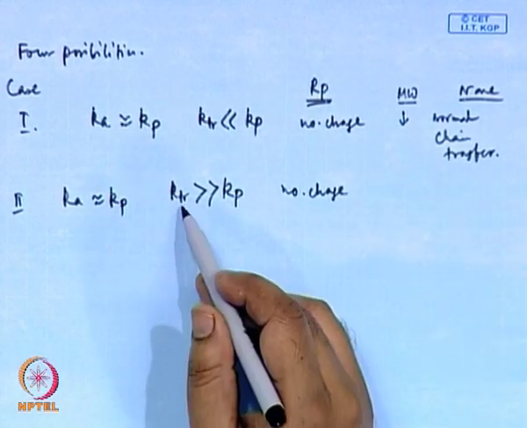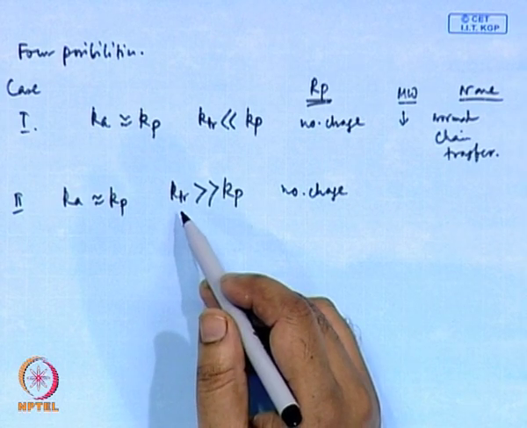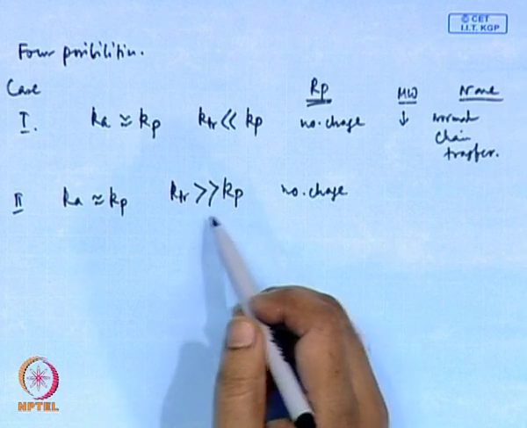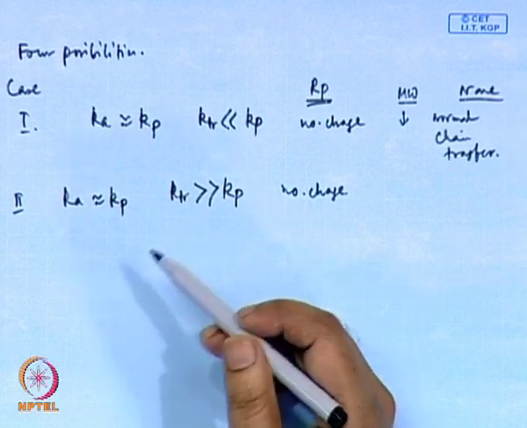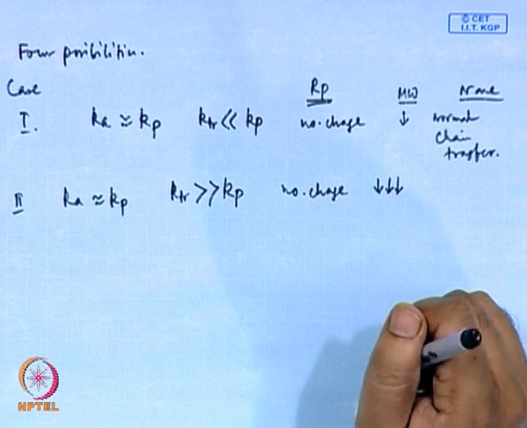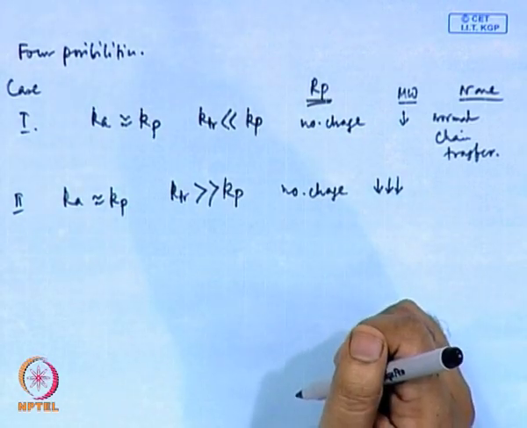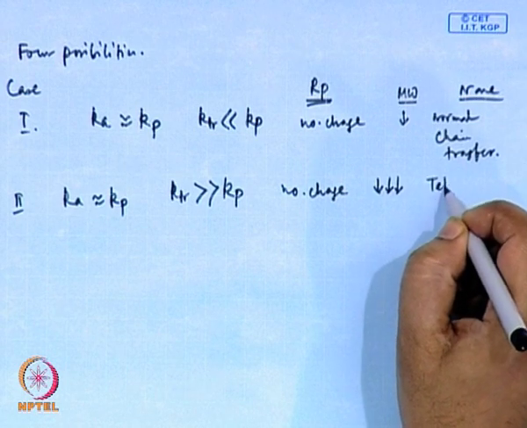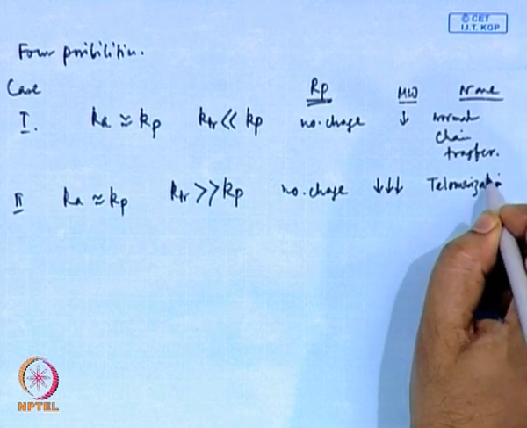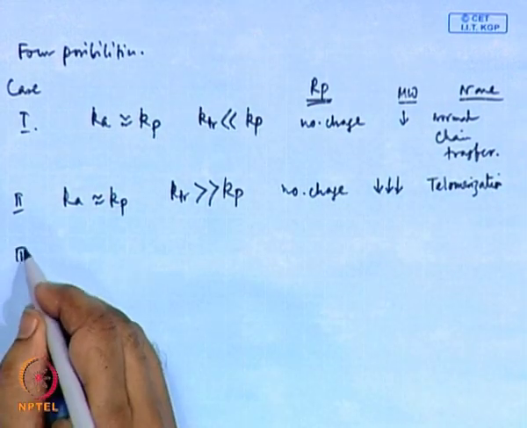Molecular weight: because the rate constant for the transfer reaction is much higher than the chain propagation reaction, the number of chains undergoing transfer reaction is many more. So, the molecular weight drops significantly, a large decrease in the molecular weight, and we call this telomerization.